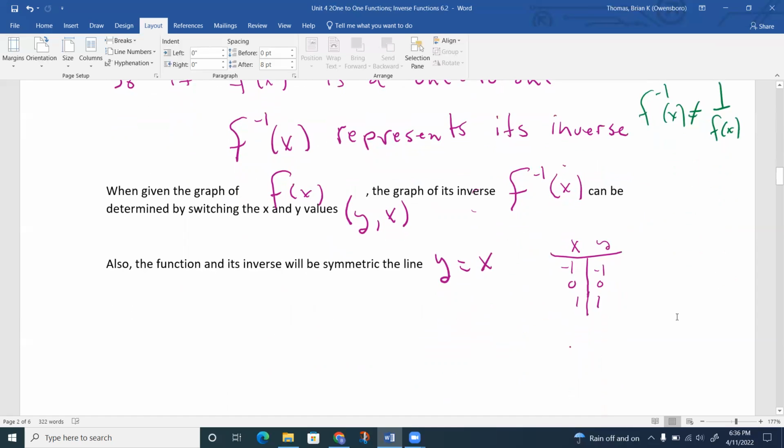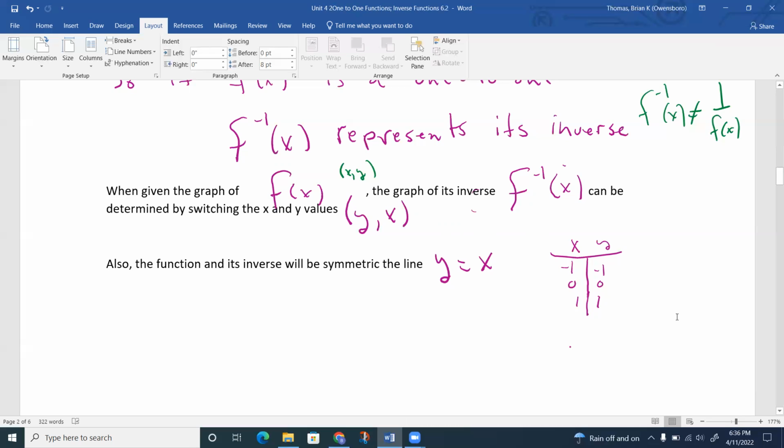So when given a function f of x, remember its ordered pairs would be like x, y. The graph of its inverse can be determined by switching the x's and y's. So the y becomes the x and the x becomes the y. So that's how I can graph an inverse function, is just switch the roles of x and y in the original function.